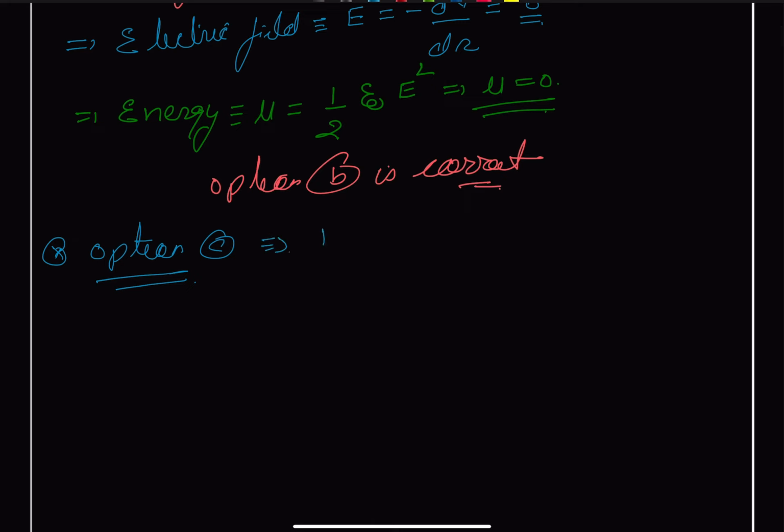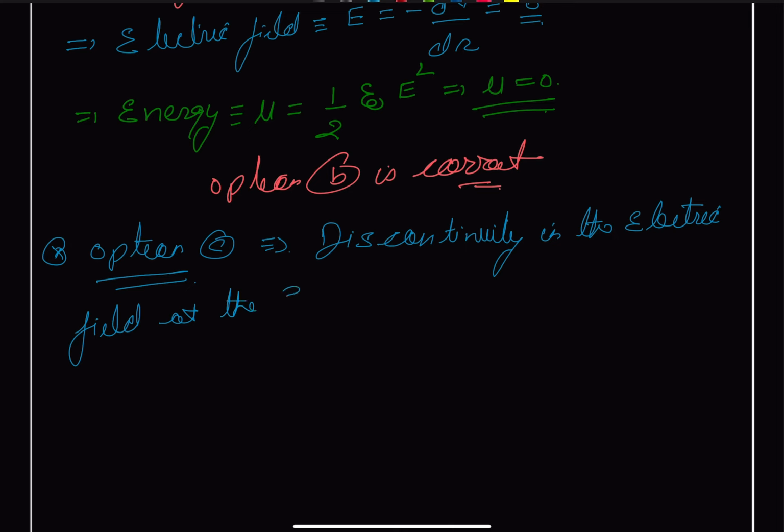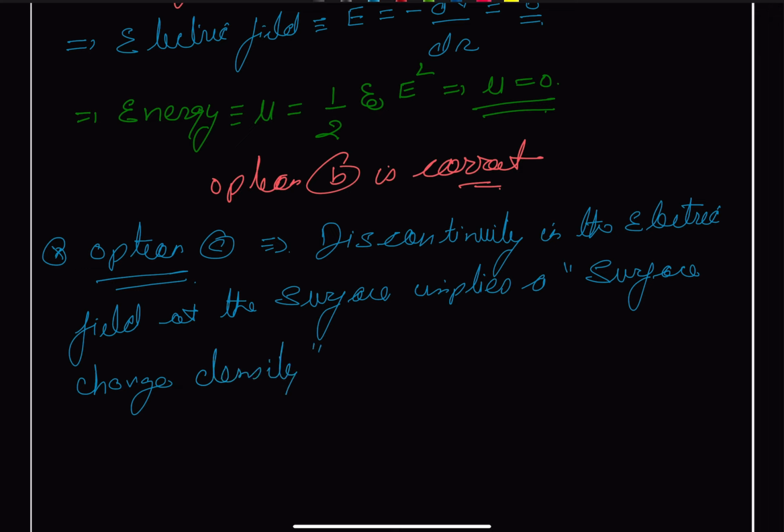So you can say discontinuity in the electric field at the surface implies a surface charge density exists.